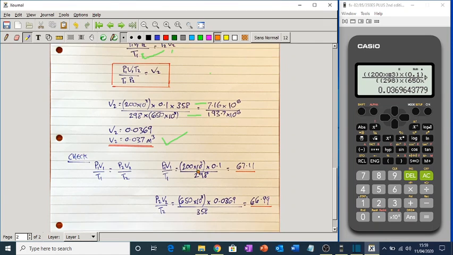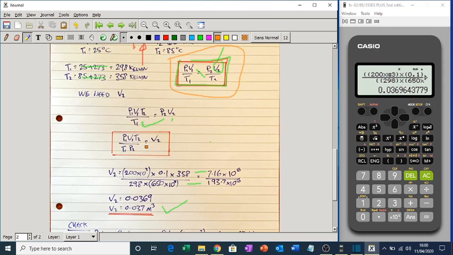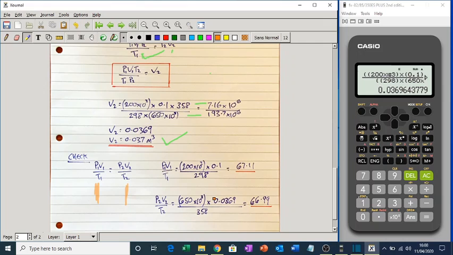So we can check if you want to. Always good to check. You know P1 V1 over T1 is P2 V2 over T2. So these have got to equal. So what I've done there is I've worked out what P1 V1 over T1 is. So P1 is 200, V1 is 0.1, and T1 is 298. So I've worked that out.